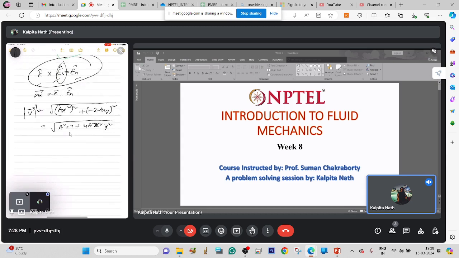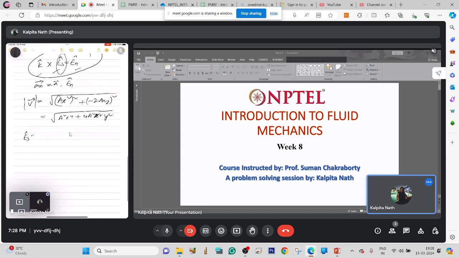Actually, sir, I have not solved this in the class, so I am solving it by myself. If there is any problem, you can point me out. Okay. So epsilon s cap will be v vector upon v mod, that will give the magnitude of that. So this will be a x square I cap minus 2 a x y j cap upon root over a square x to the power 4 plus 4 a square x square y square.